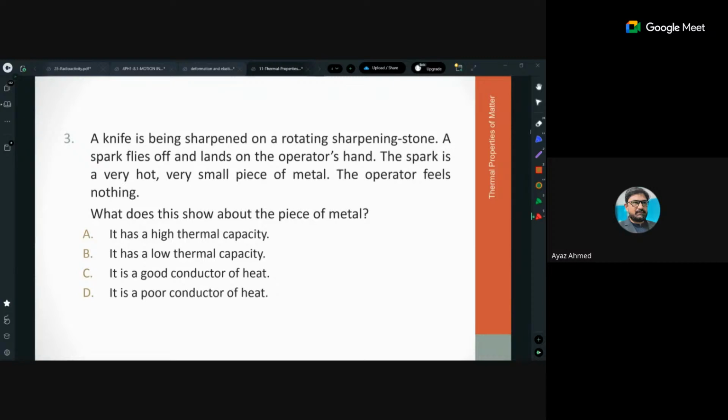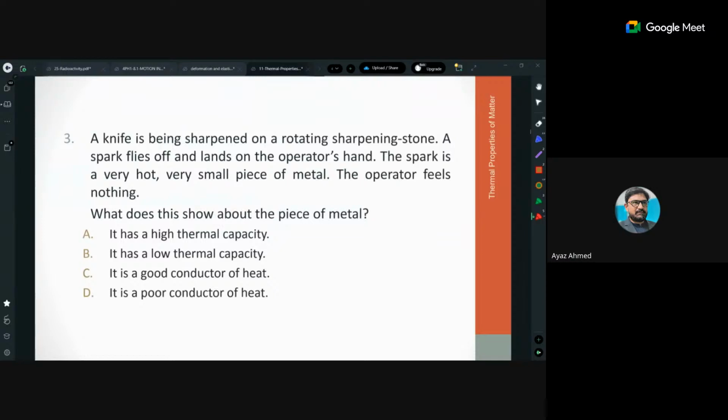What does this show about the piece of metal? If the question were about the operator, I would say that the operator is an Iron Man. But the question is about the piece of metal. So it has a very high thermal capacity.